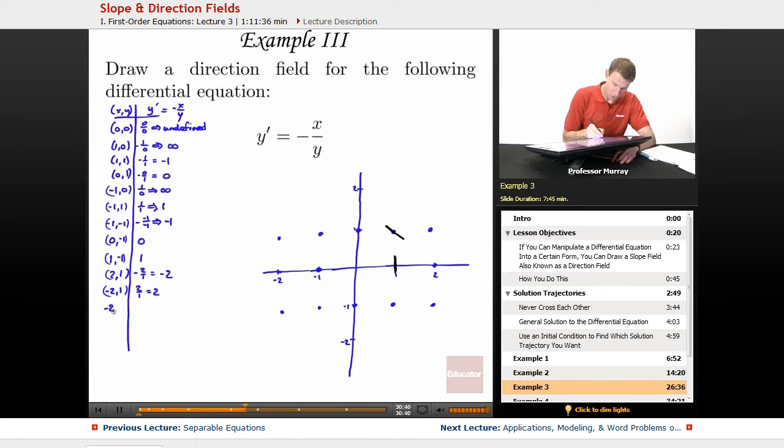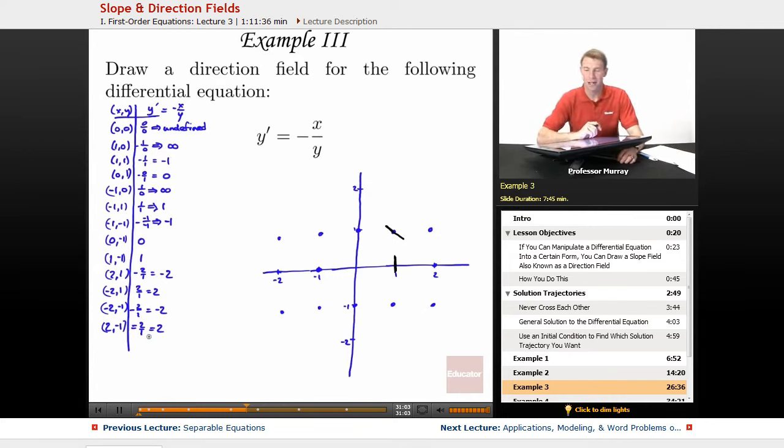And negative 2, negative 1 gives me negative 2 over 1, because there are two negatives and then a third negative, which is negative 2. And 2, negative 1 will give me 2 over 1, which is 2 again.